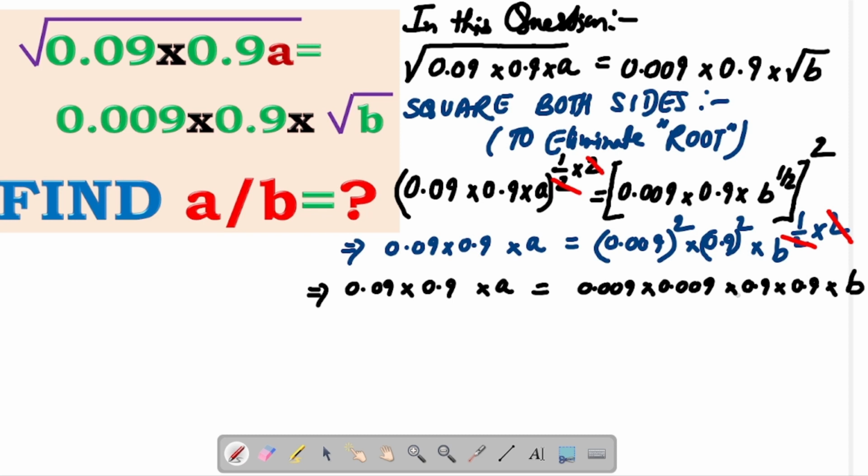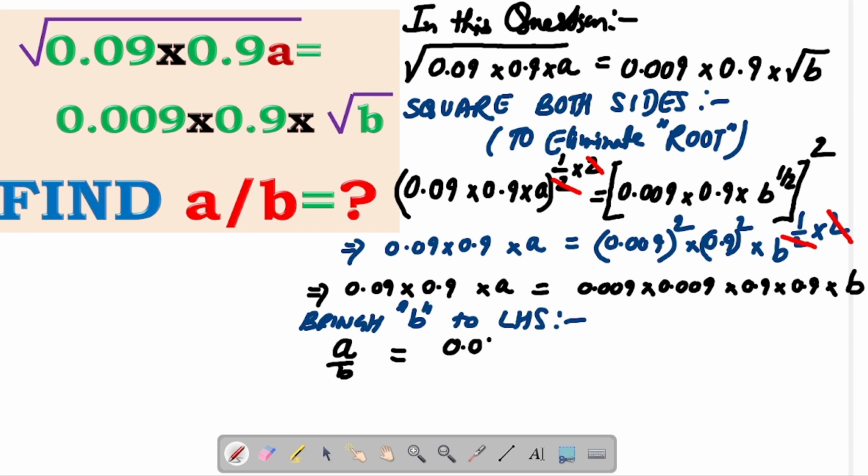Now we need a in the numerator and b in the denominator, and we can see on the LHS a is in the numerator, right? Since a is in the numerator, here it solves our purpose, so we need to bring b from the RHS to the LHS, so that all the terms are in product.